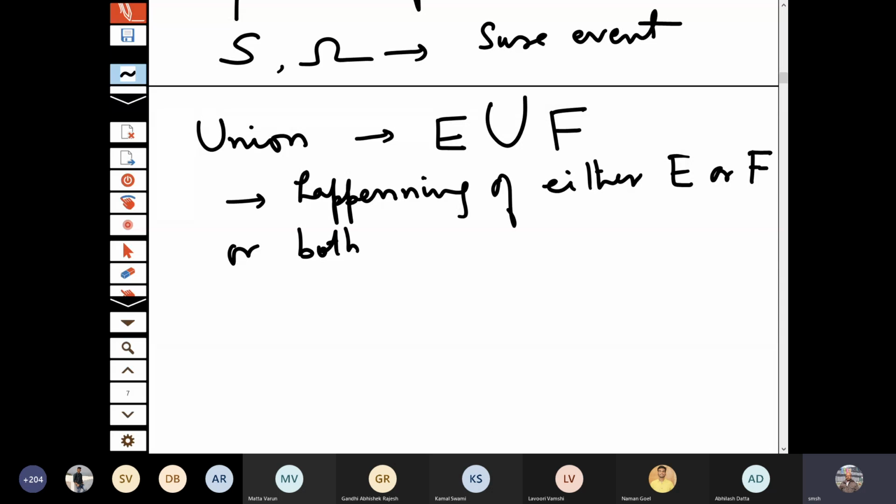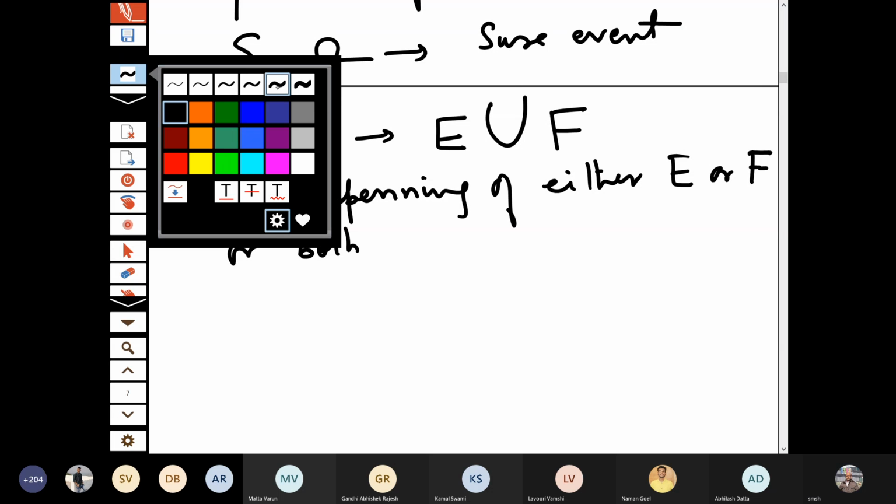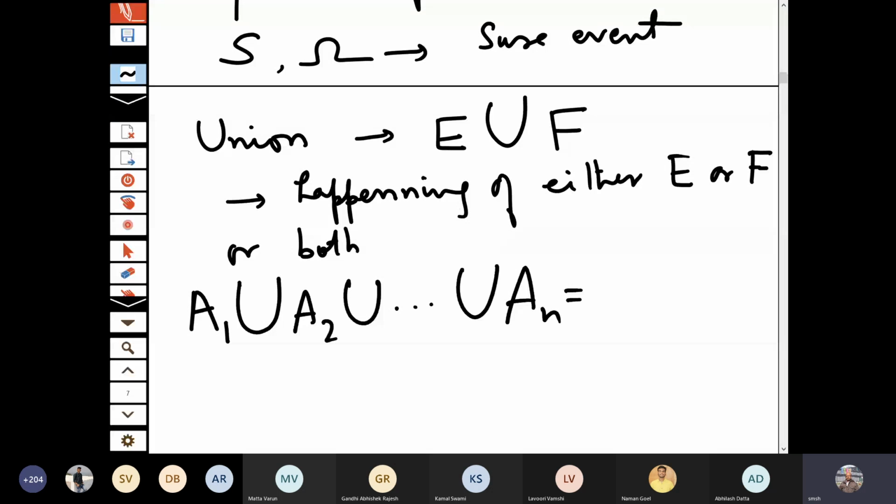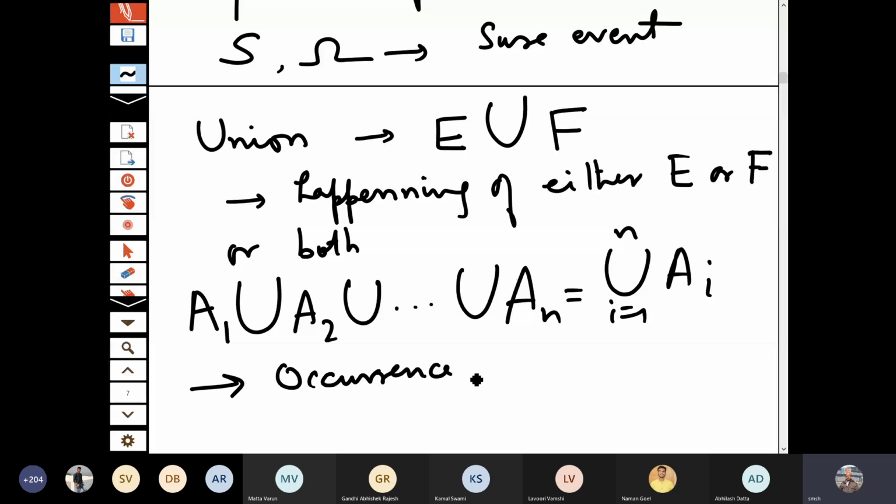In place of one, we can have union of several. For example, I can have A1 union A2 union up to An, which we can write as union of Ai, i equal to 1 to n. This means occurrence of at least one Ai.